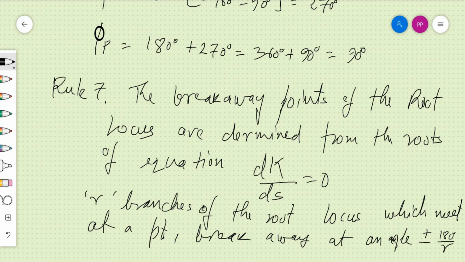This concept we will use while implementing the breakaway point on the real example. So let us see how to find out the characteristic equation, or the equation for dk by ds, in our case.